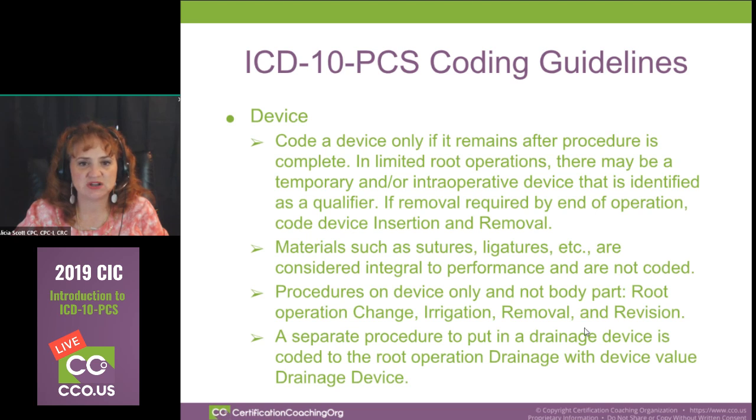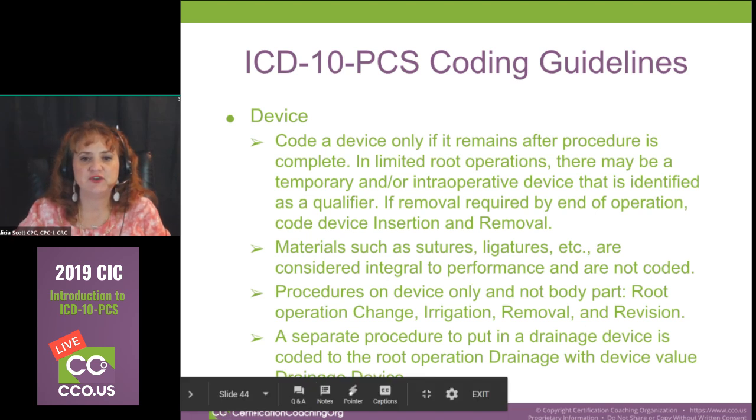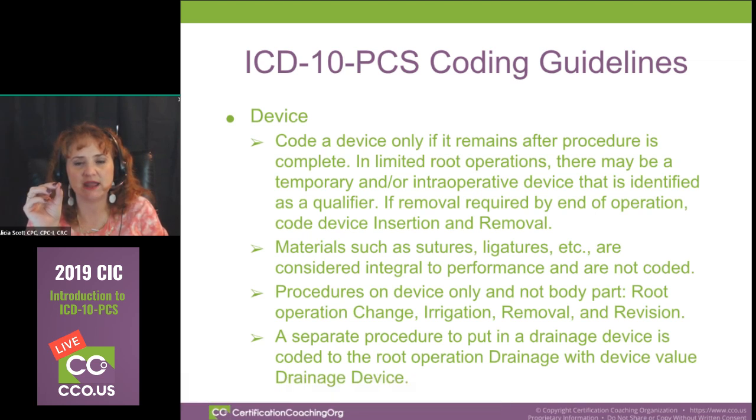With the device also, if you have anything remaining in the body after the procedure, then your root operation could be temporary or intraoperative device, and you need to identify that in a qualifier because something's staying in the body. Whenever anything stays in the body, you're going to be using that qualifier.